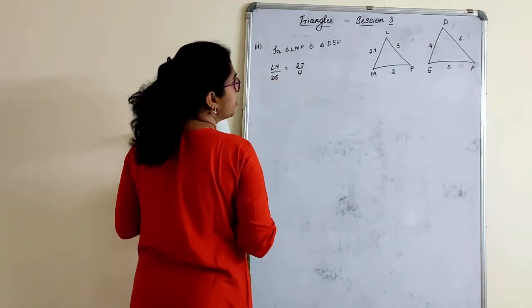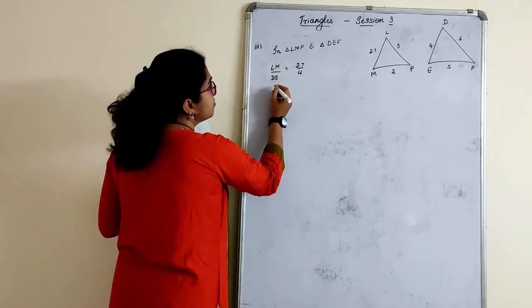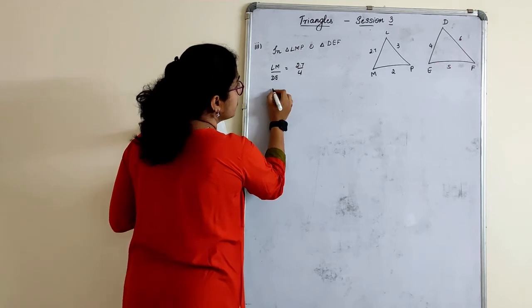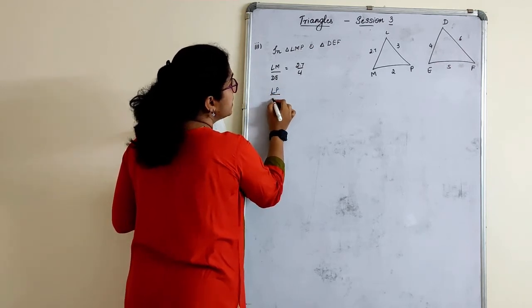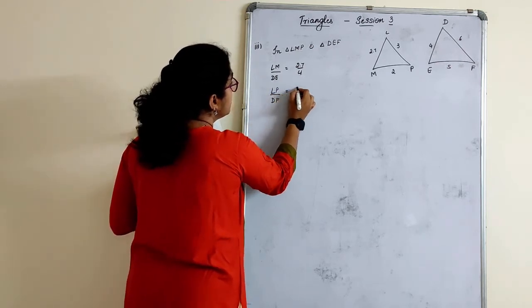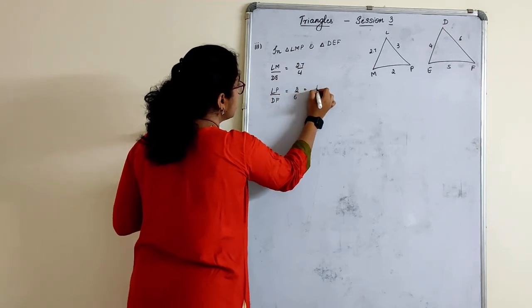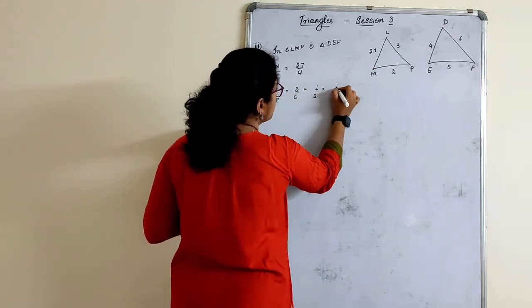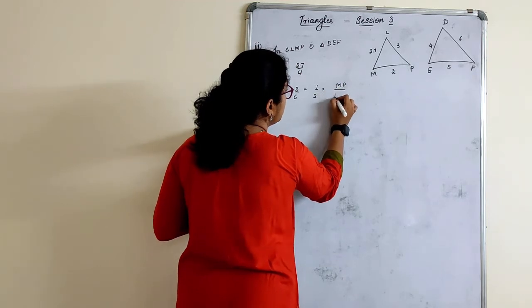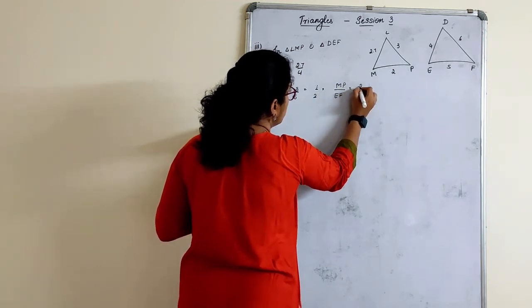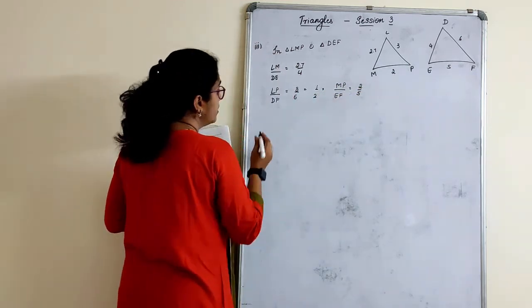Keep it as it is if you want. You can't do anything with that. Next one, LP upon DF is equal to 3 by 6, that is nothing but 1 by 2. MP upon EF is equal to 2 by 5.